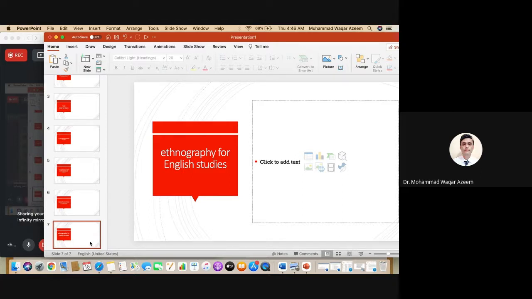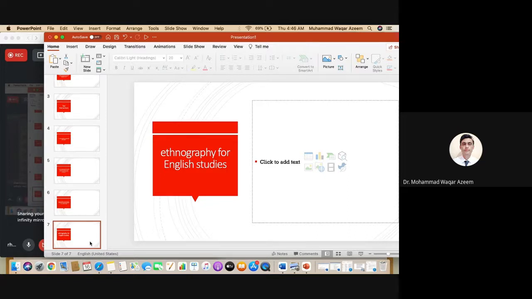In order to execute that ethnographic analysis, you will be reading the ethnographies of that particular region to which the novel also belongs. So you will read the published ethnographies of that particular region in that particular time period.